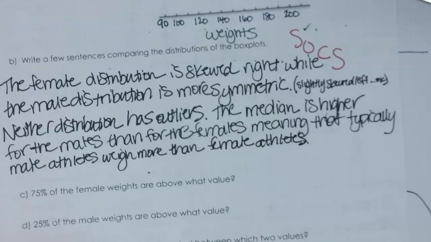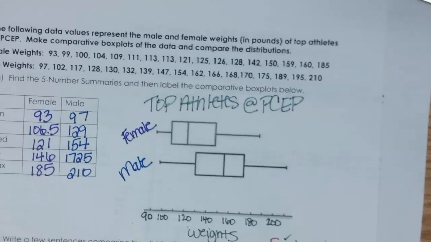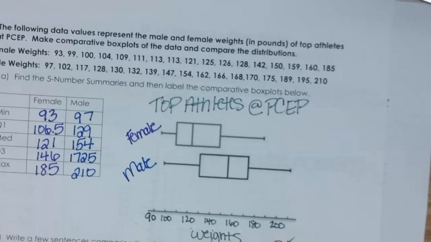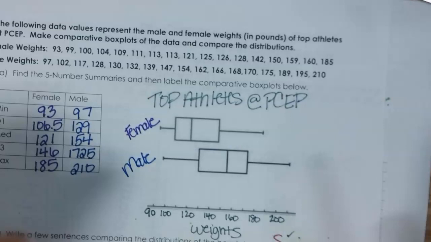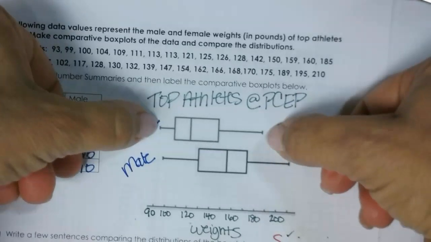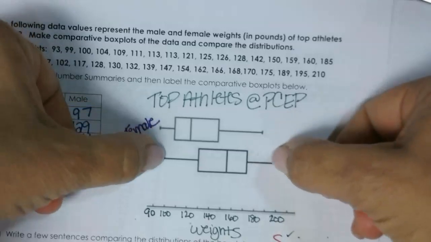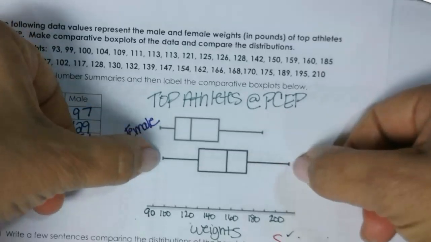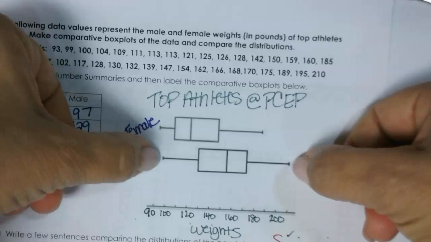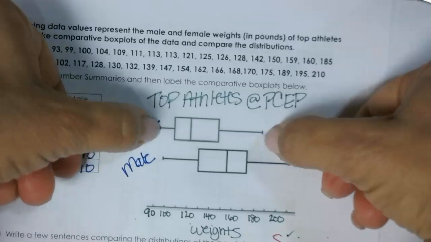Now we look at the spread of the data, and the nice thing about the box plots is that we can tell the range by looking at our max and our min. And we can see that the range for the males is a lot more spread out than the female.